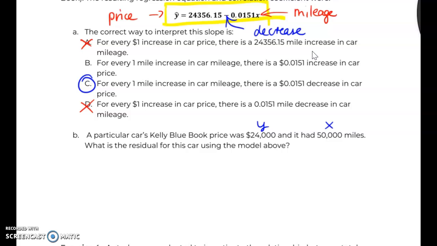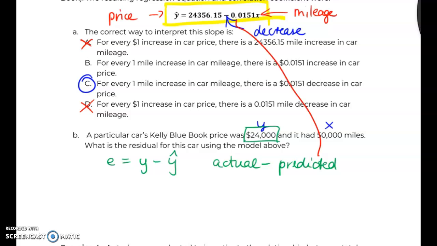In order to calculate the residual, we know that the residual E is equal to the actual value minus the predicted. So again, actual minus predicted. The actual value is the one given to us in the question. So that's the 24,000. And then the predicted value is what we get by plugging into our linear regression equation up here.